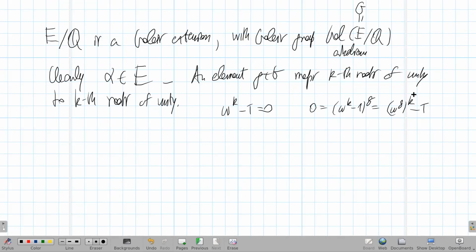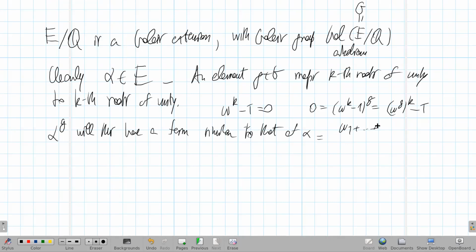And so this means that alpha to the g will thus have a form similar to that of alpha. Recall that alpha is omega 1 plus through omega n divided by n, so when you apply g, the omega i will go to other kth roots of unity, but it will be the sum of n kth roots of unity divided by n, except that the particular roots of unity will have changed in alpha to the g.